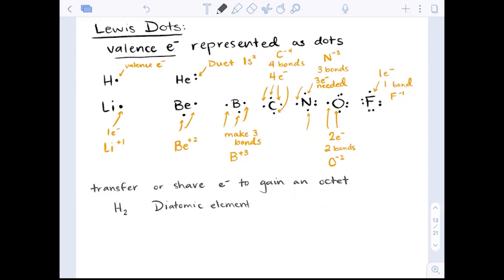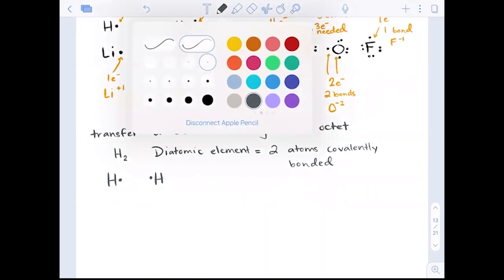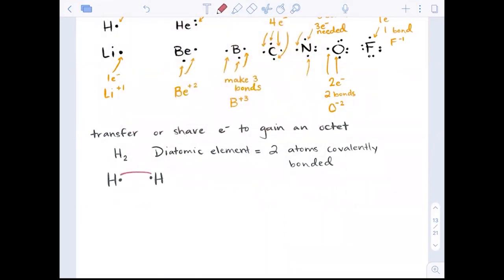What this diatomic element literally means is that there are 2 atoms covalently bonded. So things like hydrogen, we can think about two Lewis dot atoms. Hydrogen will actually come together with another hydrogen atom in order to make hydrogen diatomic.